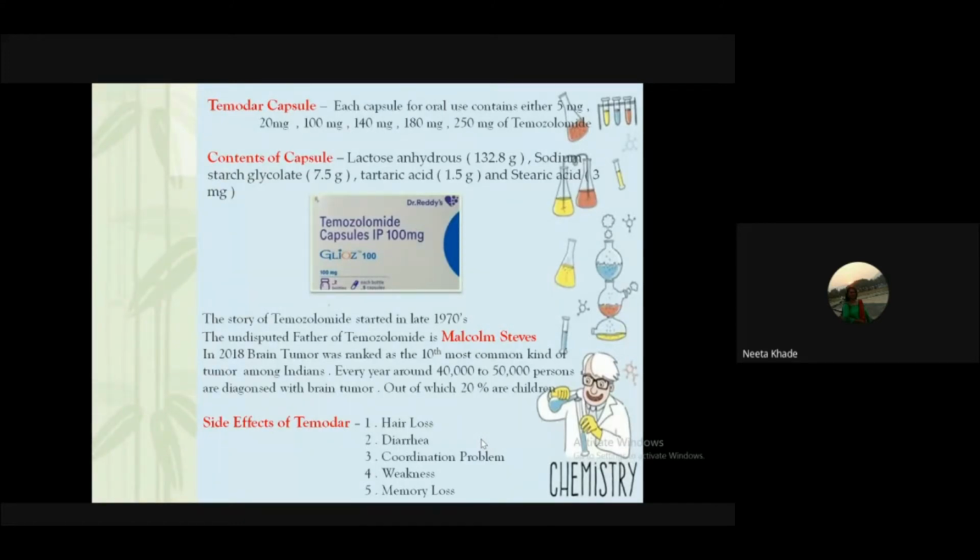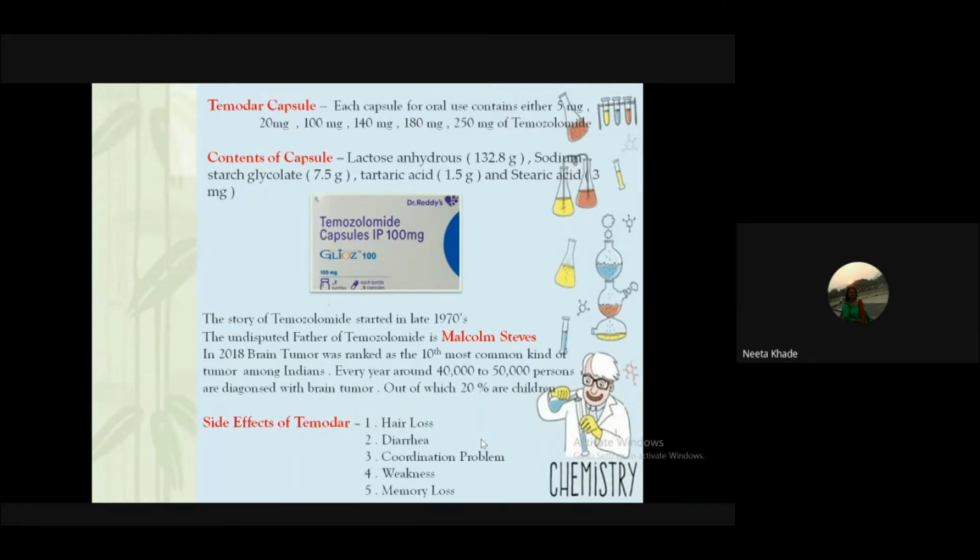The inactive contents are lactose, present at about 132.8 mg, sodium starch glycolate, 7.5 mg, tartaric acid, 1.5 mg, and stearic acid, 3 mg. Here you can see the picture of this capsule, which is of 100 mg, and it contains the things mentioned above.